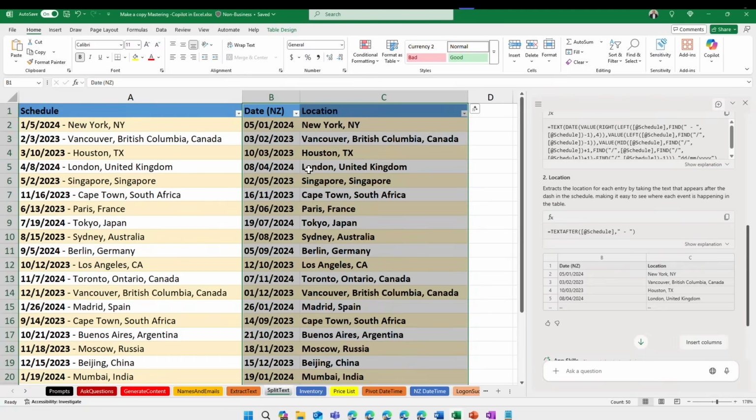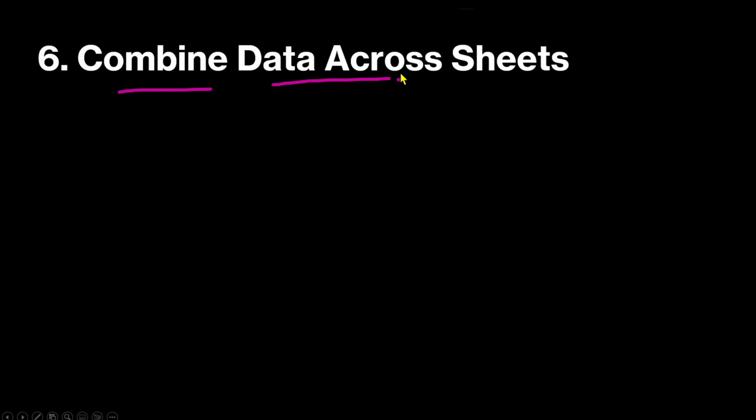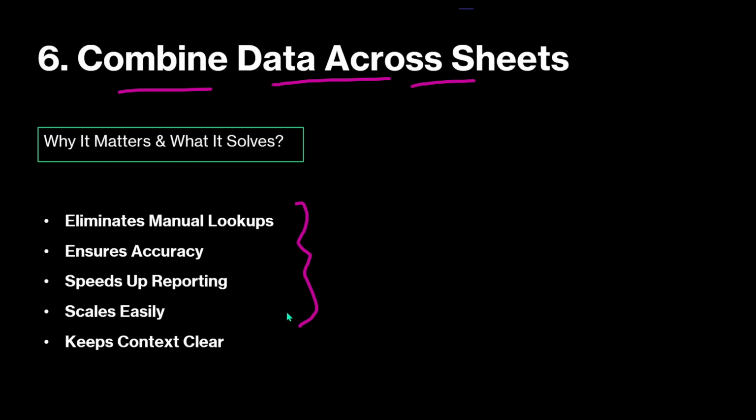So that is good. The next feature we are going to learn is how you can combine data across multiple sheets in Excel using Copilot. This feature is going to help you eliminate any sort of manual lookups, so you don't need to write VLOOKUPs or index match formulas. Copilot can do it for you.